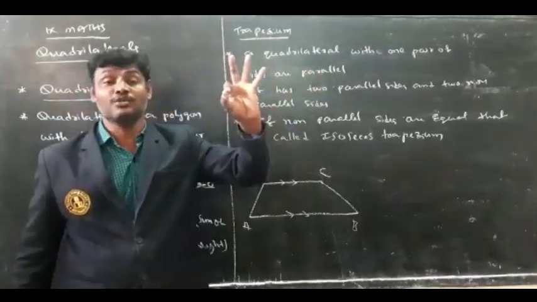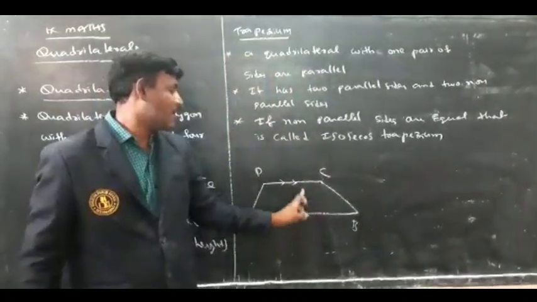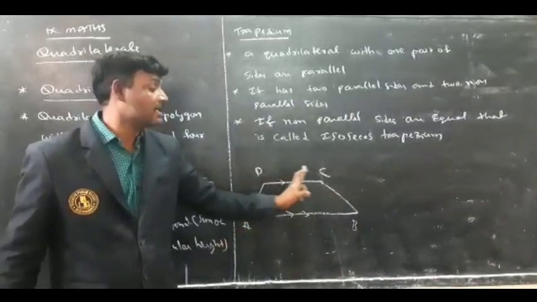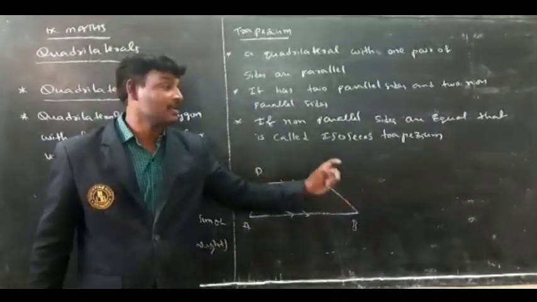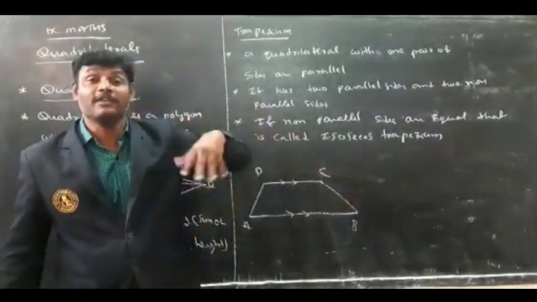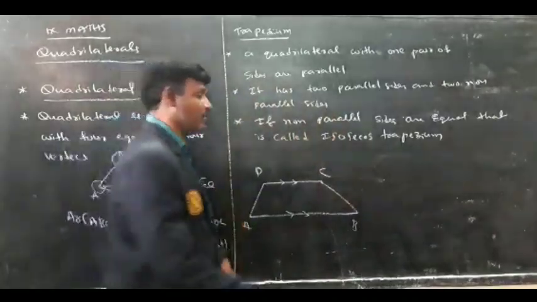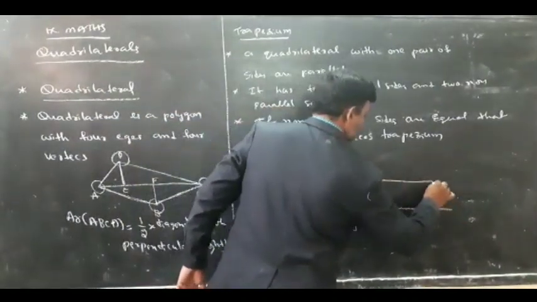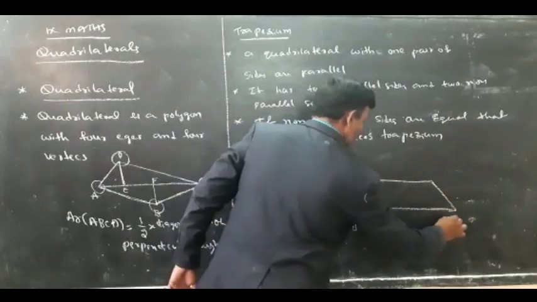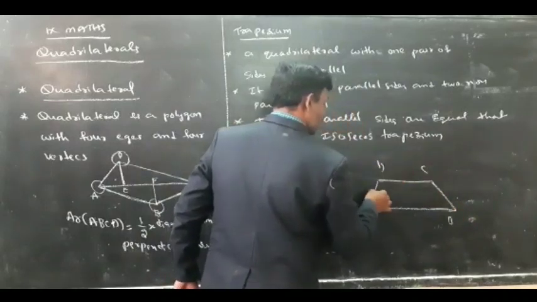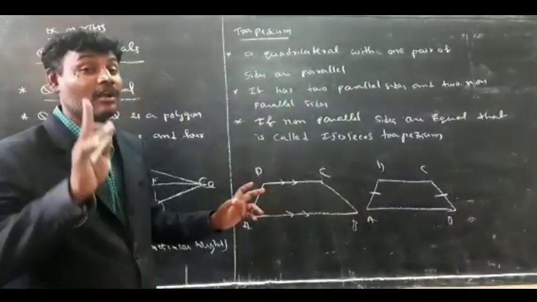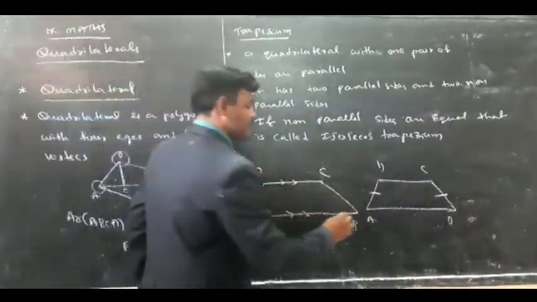In a trapezium, if the non-parallel sides are equal, that is called an isosceles trapezium.